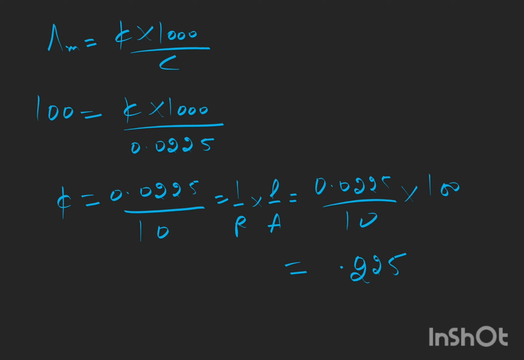This is the first portion. Wait, it is not kappa, it is L upon A. L upon A is equal to 0.225.